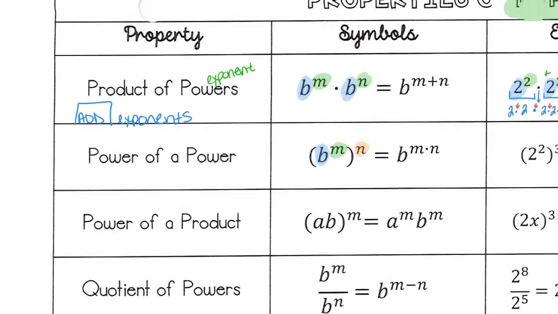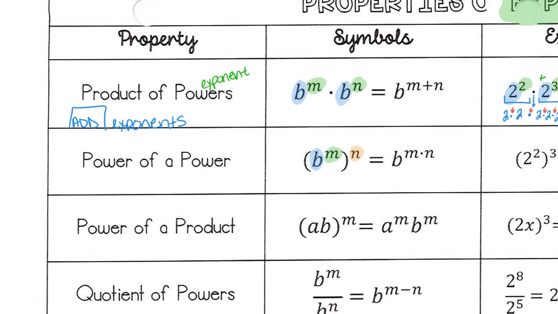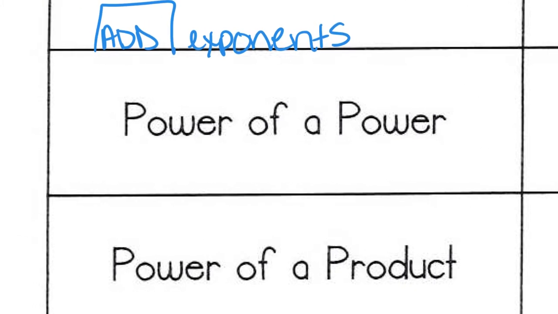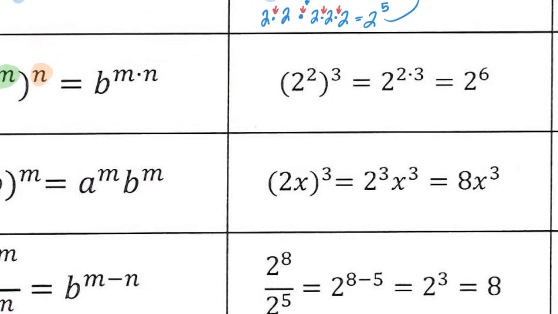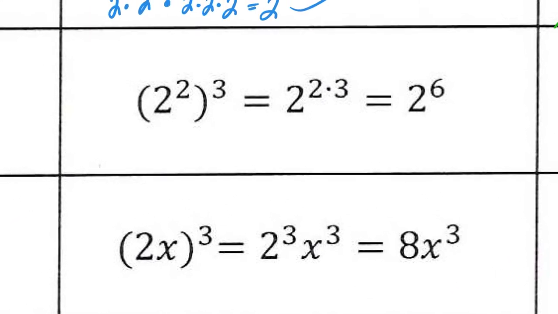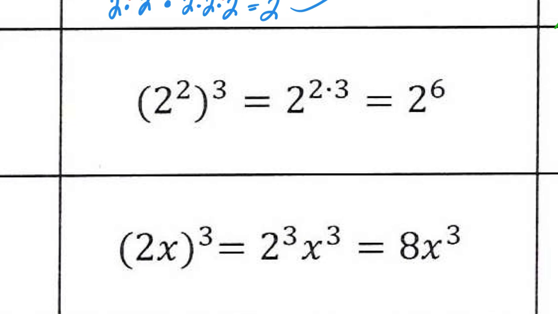So what the shortcut says is that you're going to multiply your exponents. And again, these rules don't make sense if you don't understand where they come from. So for example, 2 squared raised to the 3rd power. I start with my base, and I see that it has an exponent of 2.